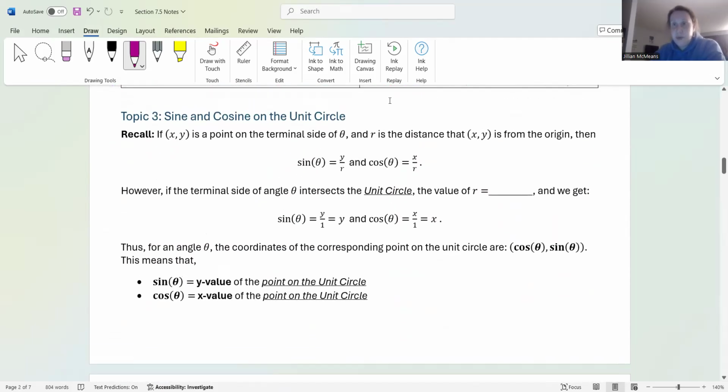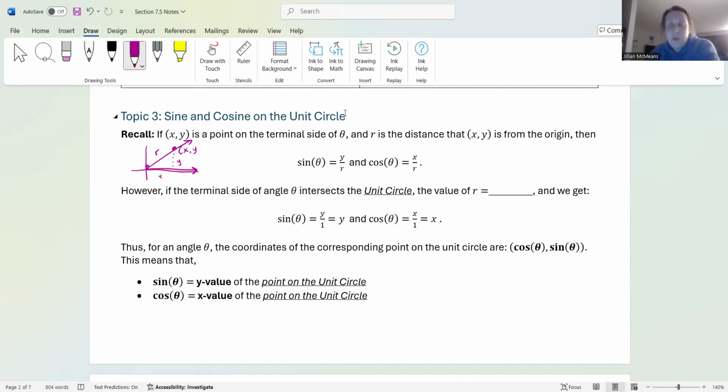Okay, so we didn't pull this out of thin air. It's from that first example that we looked at. So we've defined sine of theta and cosine of theta as follows. And remember, if we need to draw just a really quick example, we can see here that that's where these values come from.